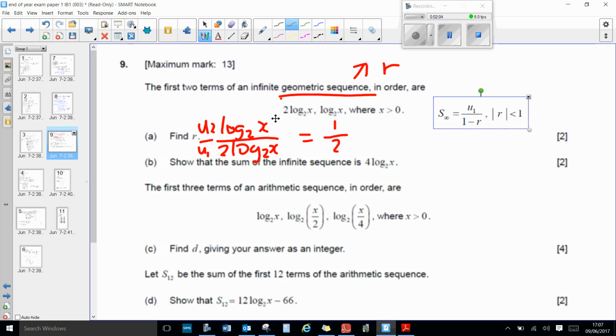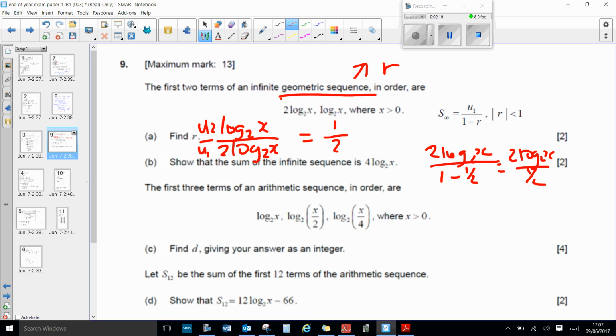Okay, so u1 in our case is 2 log base 2 of x, so that's 2 log base 2 of x over 1 minus 1/2. So 2 log base 2 of x divided by 1/2. 2 divided by half is 4. Okay, so far so good.